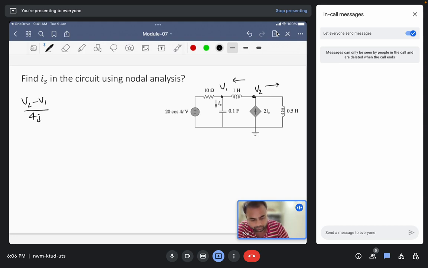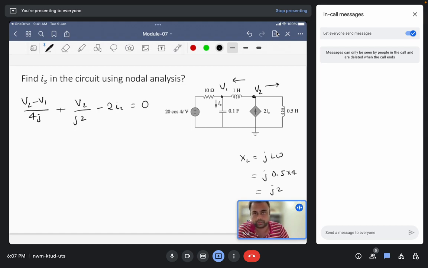And again for the other inductor, V2 by j L omega, where L is 0.5 and omega is 4, so this is j2. And the direction of current is inward, so there will be a minus sign here: minus 2Ix is equal to 0.